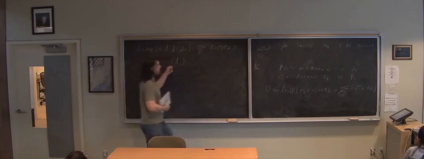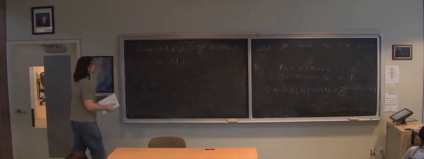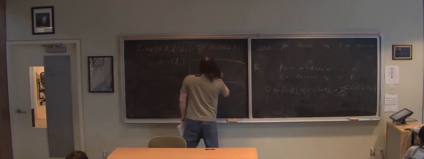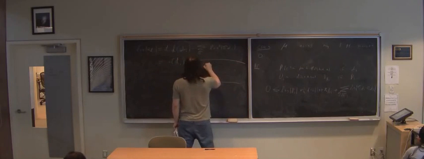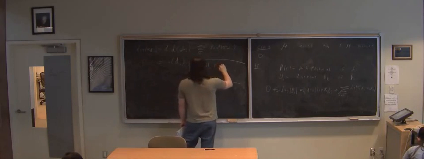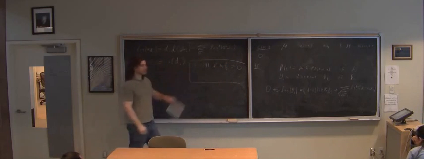Is everyone familiar with little o notation, big O notation? Just to remind you, I'll put it in the box, because we're going to be using it a lot. F equals little o of g, where F and g are two functions, means that the appropriate limit of F over g is 0, so F grows slower than g.